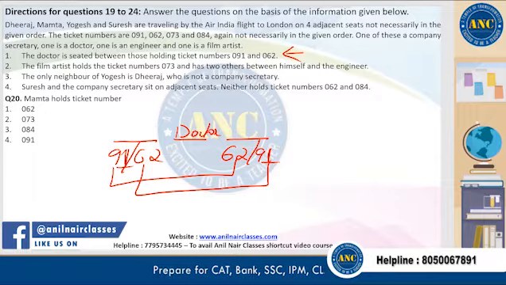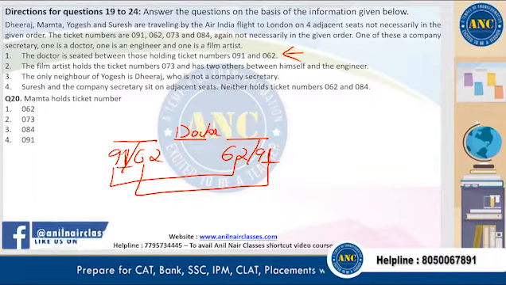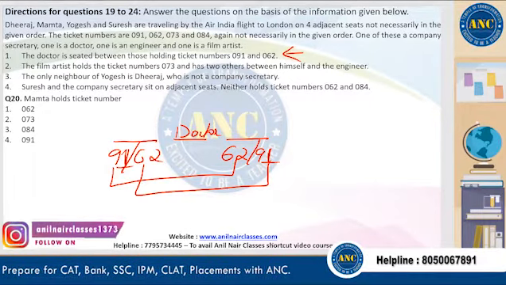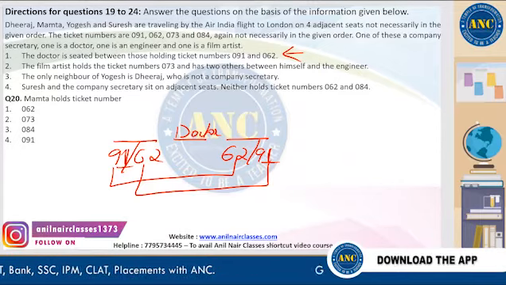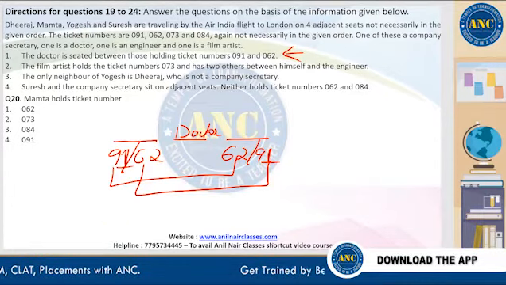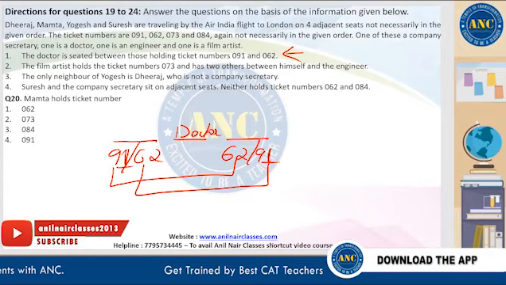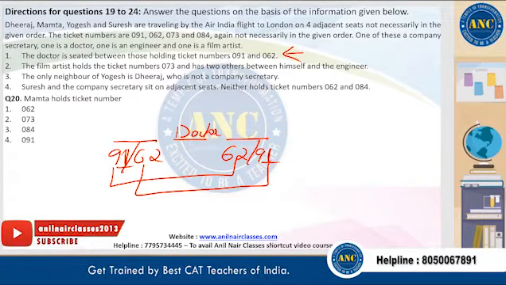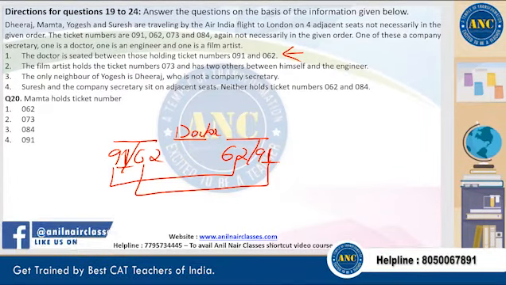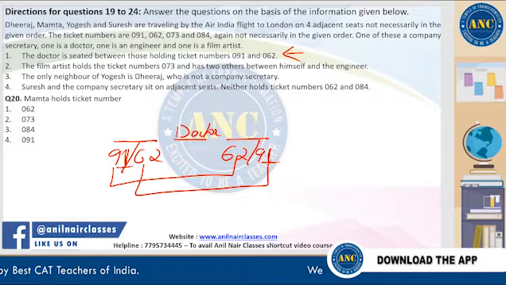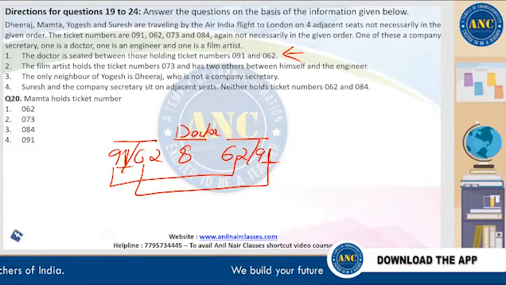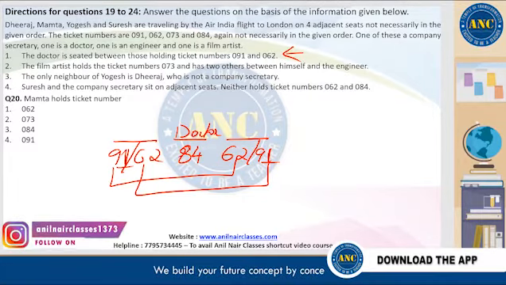No, there was a choice. 62 and 91 is not the doctor. Doctor could have either been 73 or 84. But can the doctor be ticket number 73? Of course not. That means ticket number 84 will go to the doctor. That's straightforward data.